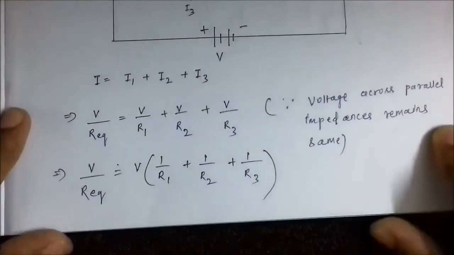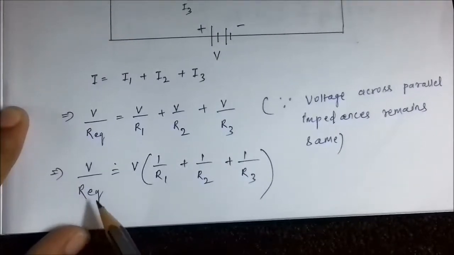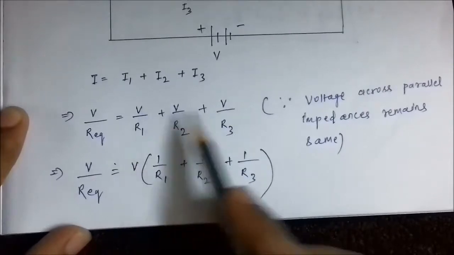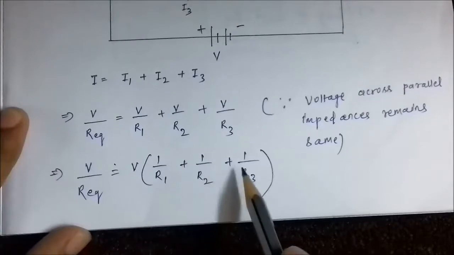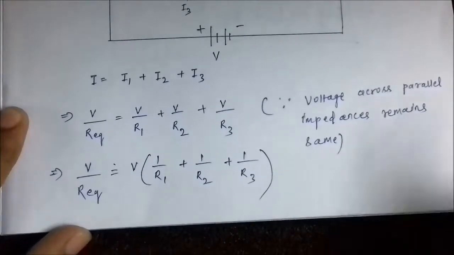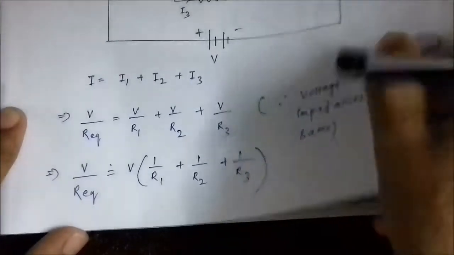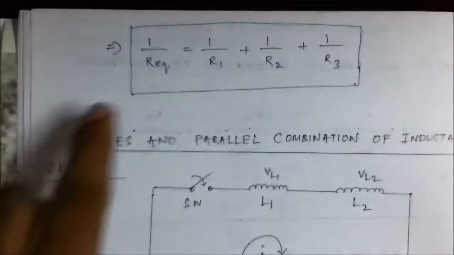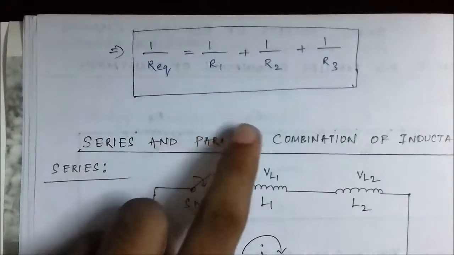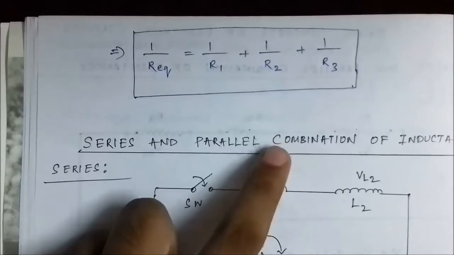So finally we can write the expression in this form: V by R equivalent is equal to V common from these expressions times 1 by R1 plus 1 by R2 plus 1 by R3. So V gets cancelled on both sides, on LHS and RHS, so we get the expression in this format: 1 by R equivalent is equal to 1 by R1 plus 1 by R2 plus 1 by R3.